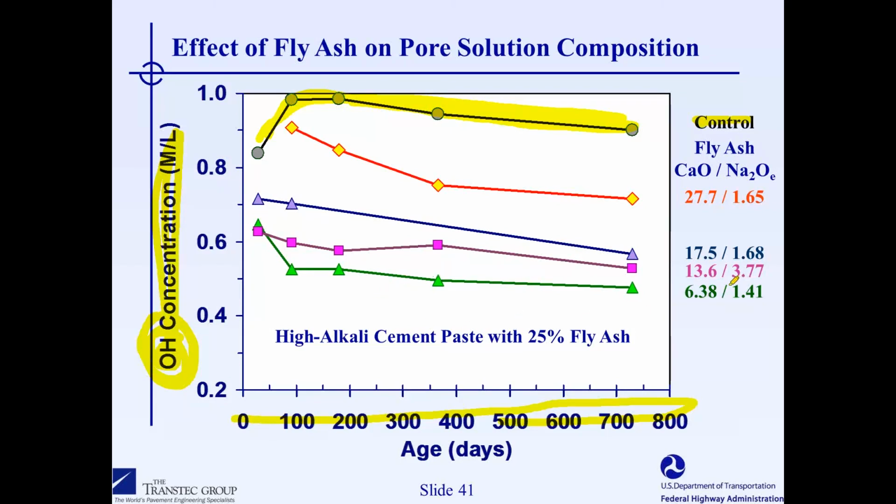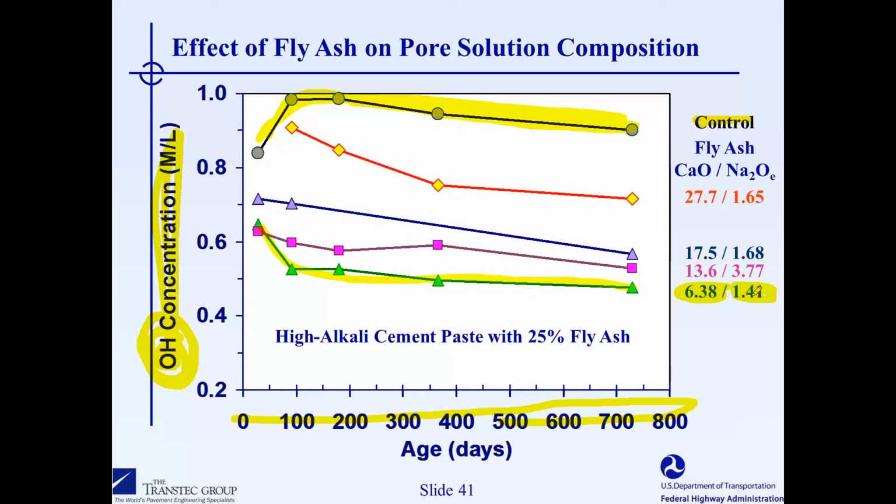If we look at a low calcium fly ash down here, the green line, we can see that the amount of alkalis in solution are much lower than in the control sample, despite the fact that the fly ash contains alkali, significantly more than the cement.